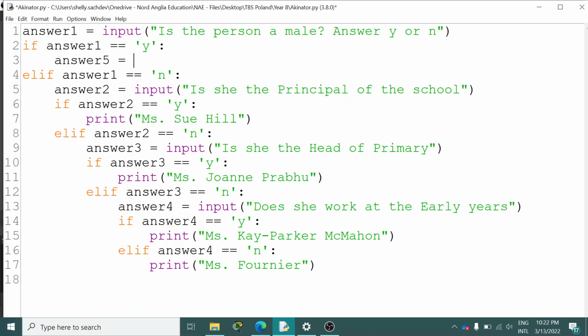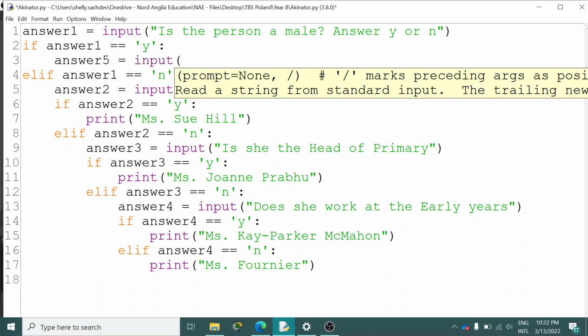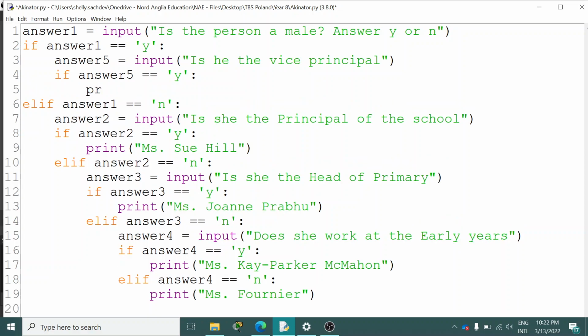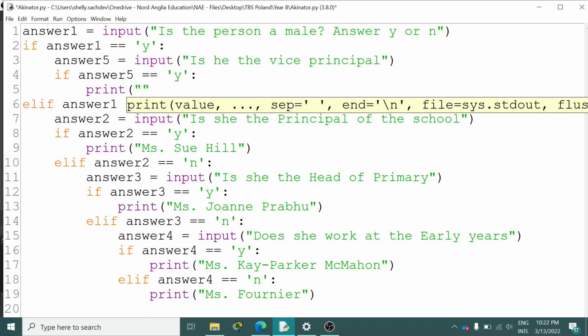So if the answer to the first question is a y, that he's a male, I'm going to ask another question. Is he the vice principal? Right? So if answer 5 is equal to y, then you print that we are talking about Mr. Lepkowski.